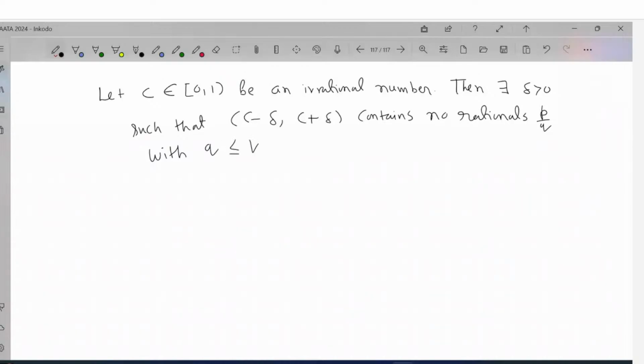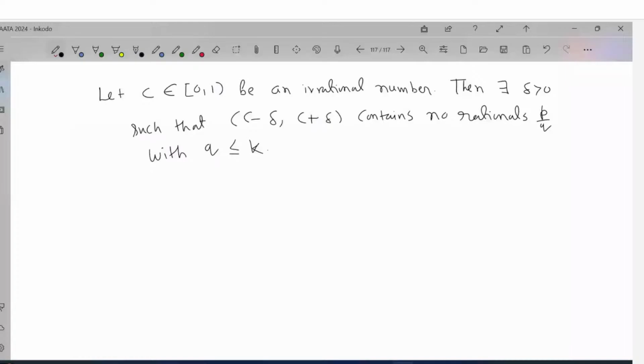So we can do it. Because there are only finitely many rationals there, you can always get an interval which is not going to contain any of those finite numbers.